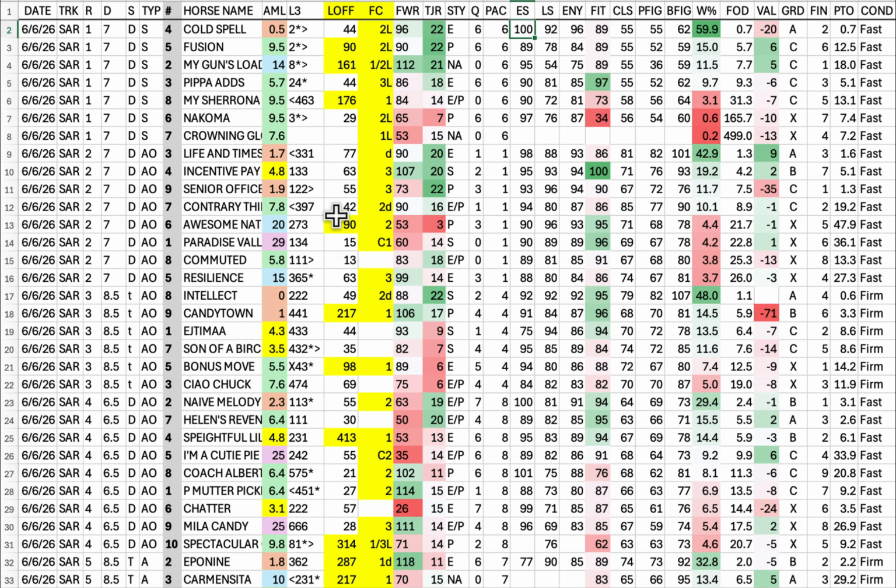The ES is very similar to how I calculated the ES before. However, when I did all these projections, which we'll talk about, these FIGs over here, including ES and LS, I had a way of weighting races based on how many races ago it was and what the distance was and what the surface was.